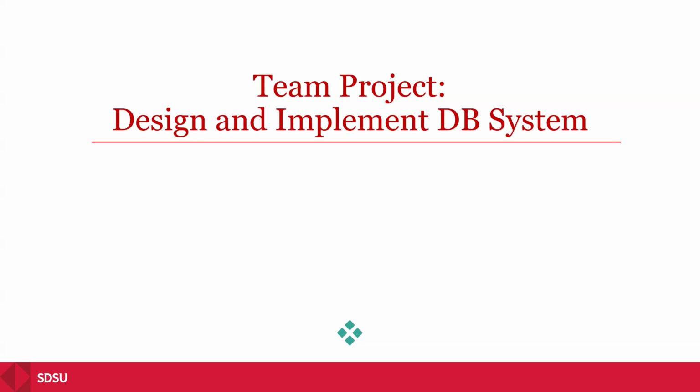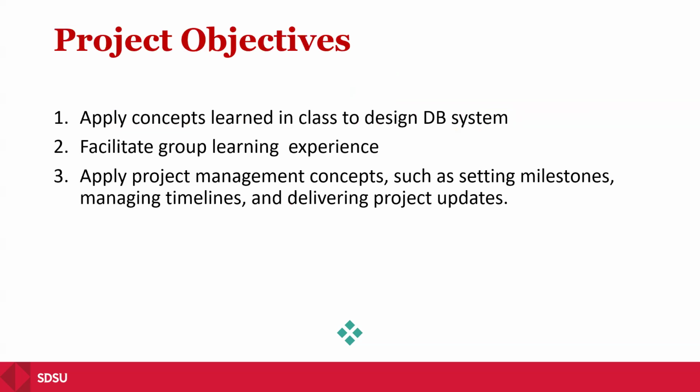We're gonna start from the objectives. As part of the team project, we're gonna apply all the concepts that you learned in class, starting from class 1, 2, and 3, where we learned about database systems in general. Then, progressing into class 3 and 4, we talked about business rules and what kind of business rules we have.